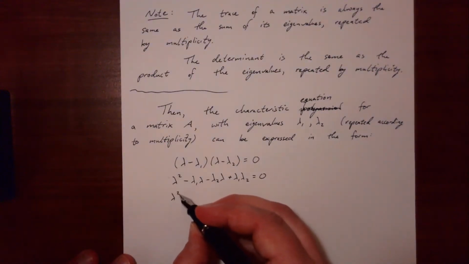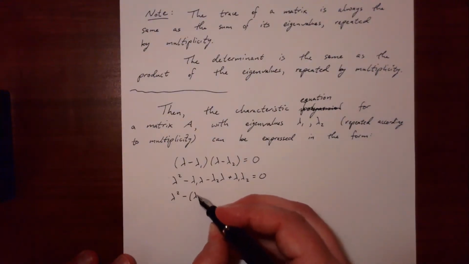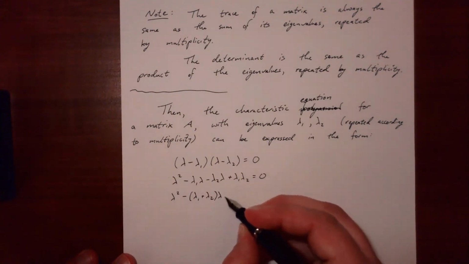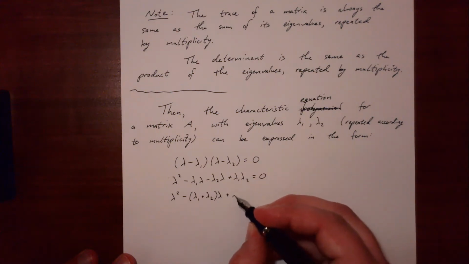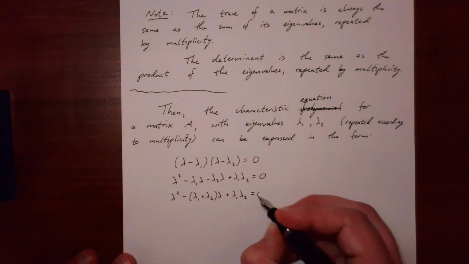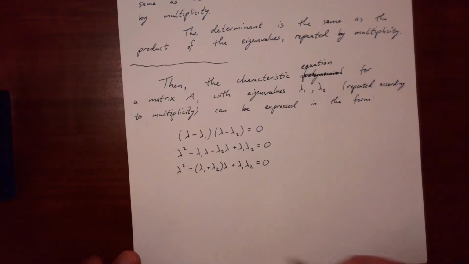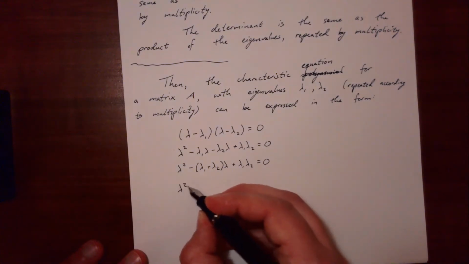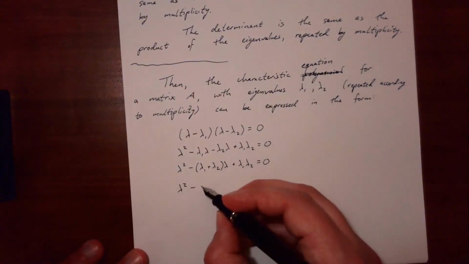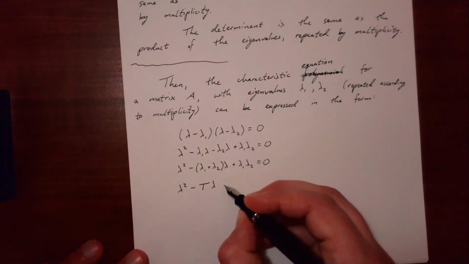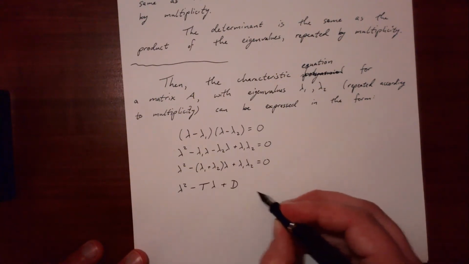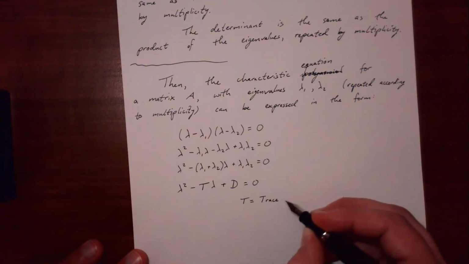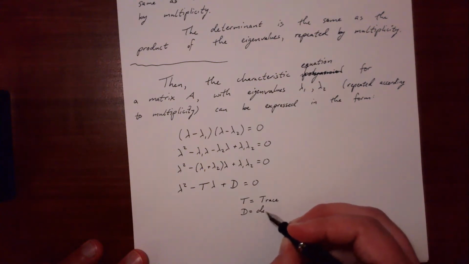Or in other words, lambda squared minus (lambda 1 plus lambda 2) lambda plus lambda 1 lambda 2 equals 0. And what we see here is the sum of the eigenvalues and the product of the eigenvalues. And so that gives us lambda squared minus t lambda plus d, where t is equal to the trace, d is equal to the determinant.